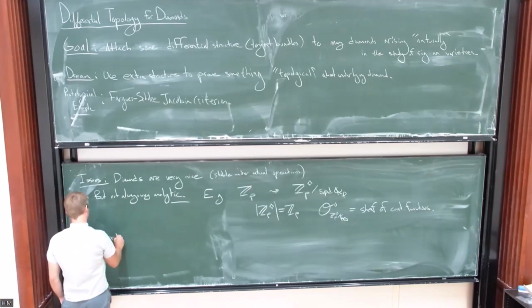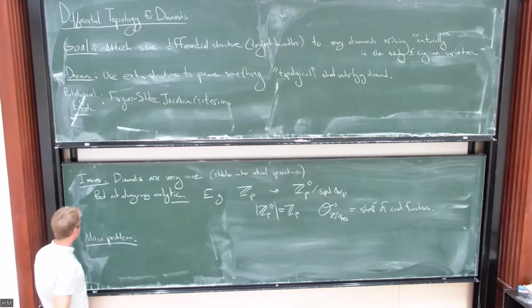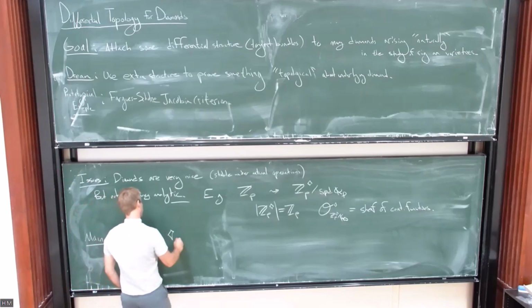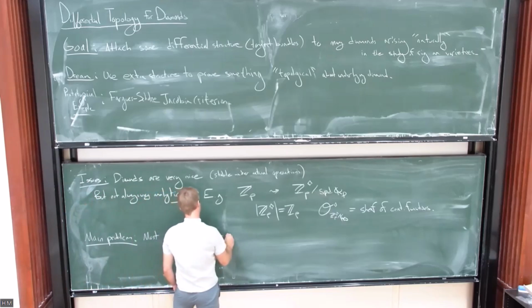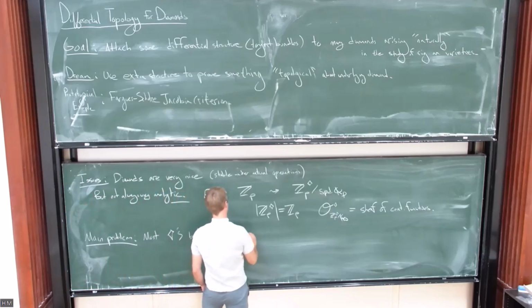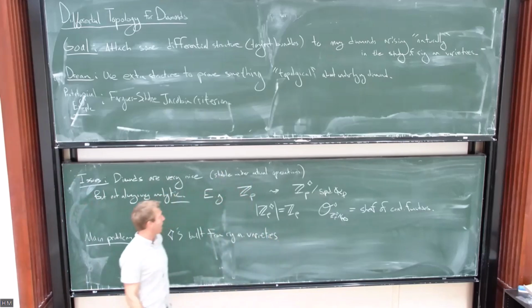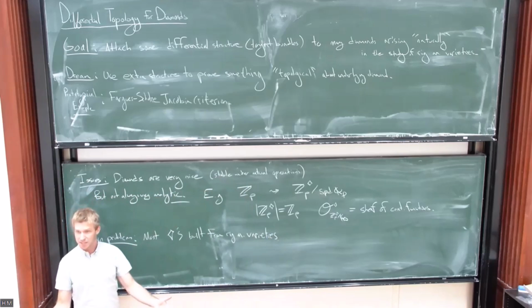And so the main problem with life, as I've explained it to you so far, is that most diamonds built from geometric varieties, by doing these natural constructions that work well in the category of diamonds, you can construct these diamonds, but there's no way to realize them using the Fargues-Scholze Jacobian criterion.